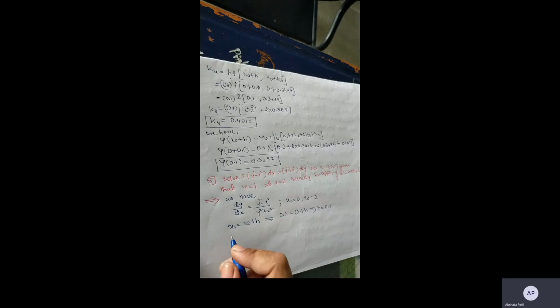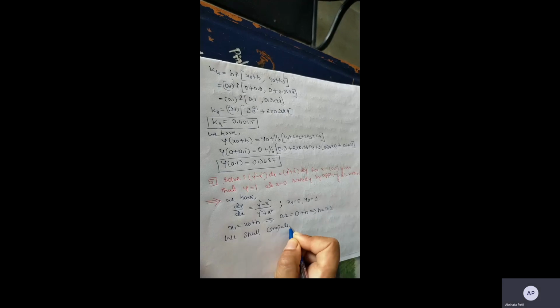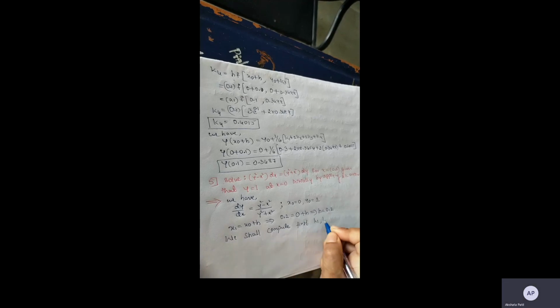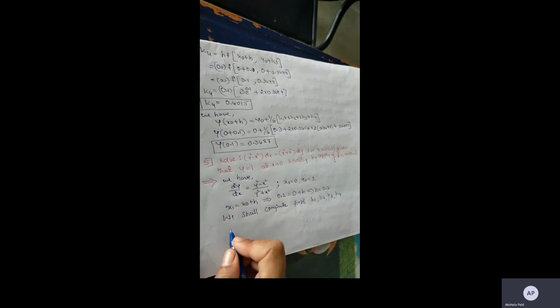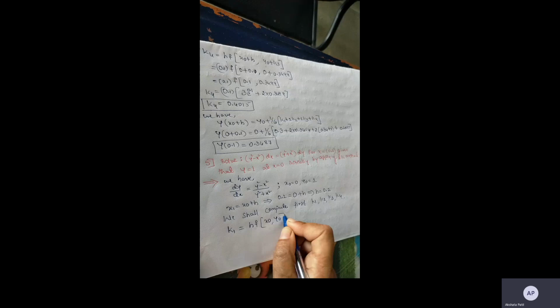Now first we need to compute the k1, k2, k3 and k4 values. We already solved four to five examples in the previous class, so I hope you remember the formula. K1 equals h into the function of x0 comma y0. Here h is 0.2, x0 is 0, y0 is 1.